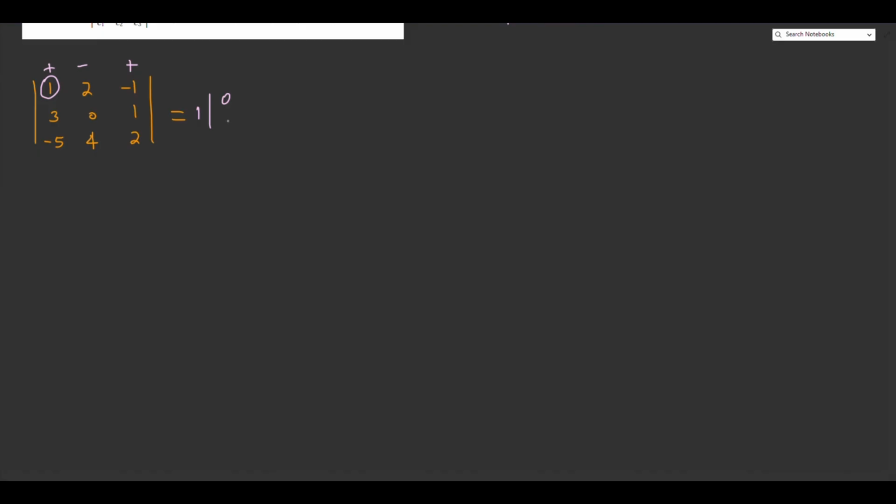So here we will get 0, 1, 4, 2. Next, we put a circle on the 2, and minus multiplied with 2. We delete the first row and the second column, and whatever entries are left, you write as a 2 by 2 determinant.